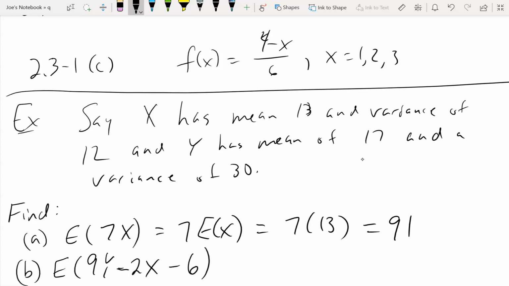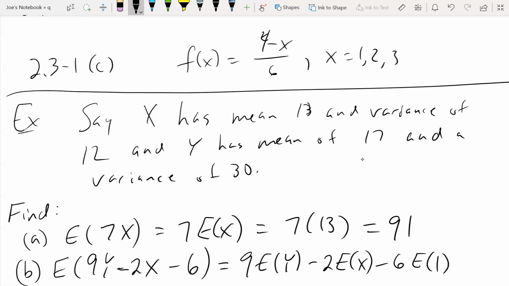Let's say I wanted the expected value of 9Y minus 2X minus 6. Yep, I can break it up. How would I break it up? 9 times the expected value of Y, minus 2 times the expected value of X, minus 6.